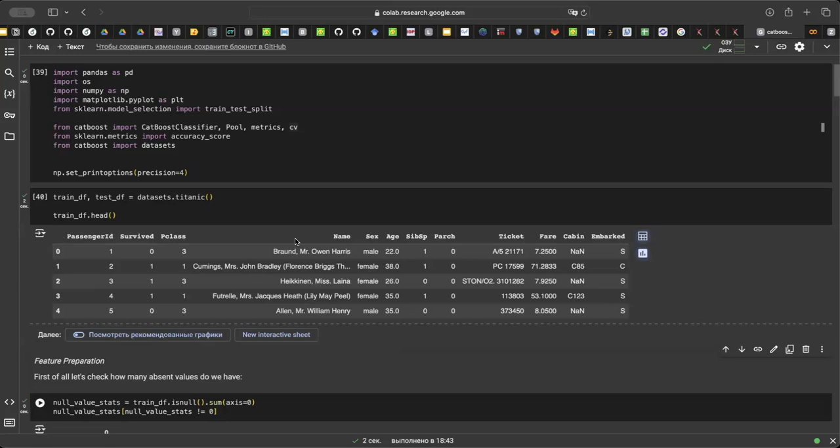Is this a good idea or not? So basically, what's the difference?